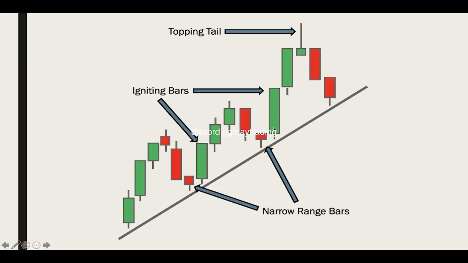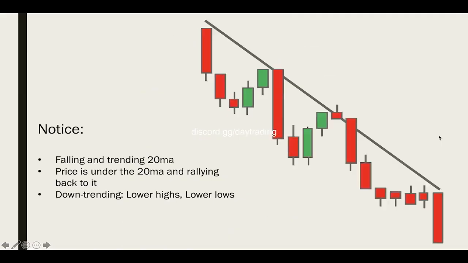We also have one here that ignites a new move higher. And then right here we have two narrow range bars, which are kind of our entry bars in this uptrend. We're going to talk about entry bars later. But if you were able to identify these candlesticks, then perfect. You're doing great so far.